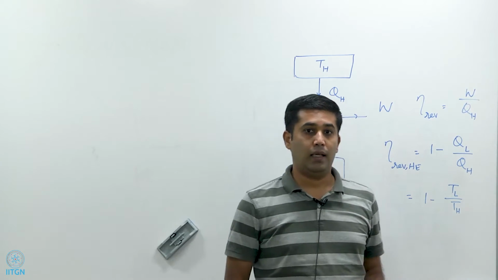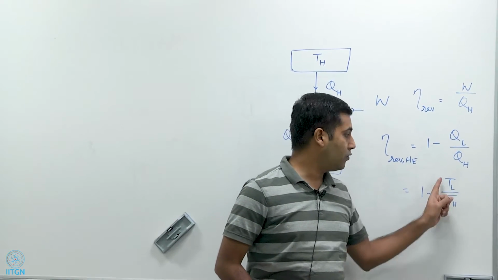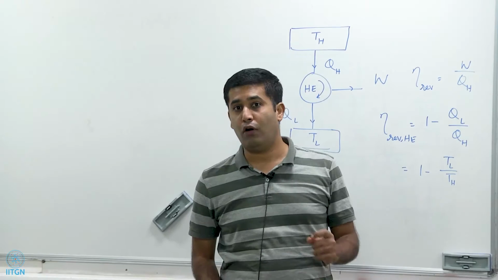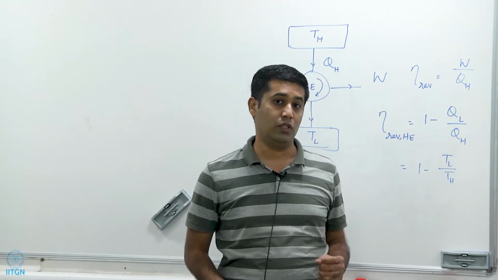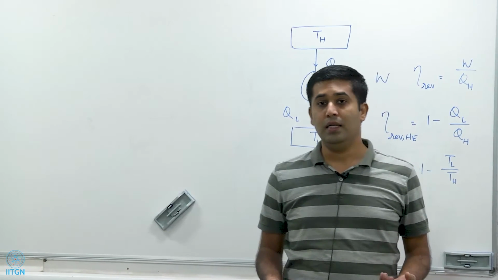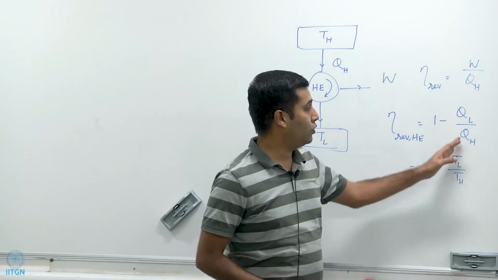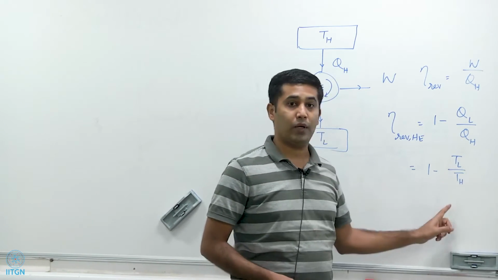Now remember that QL by QH is equal to TL by TH only for a reversible heat engine. It's not true for other types of engines, which means if you've got a real engine, then chances are that QL by QH will never be equal to TL by TH.